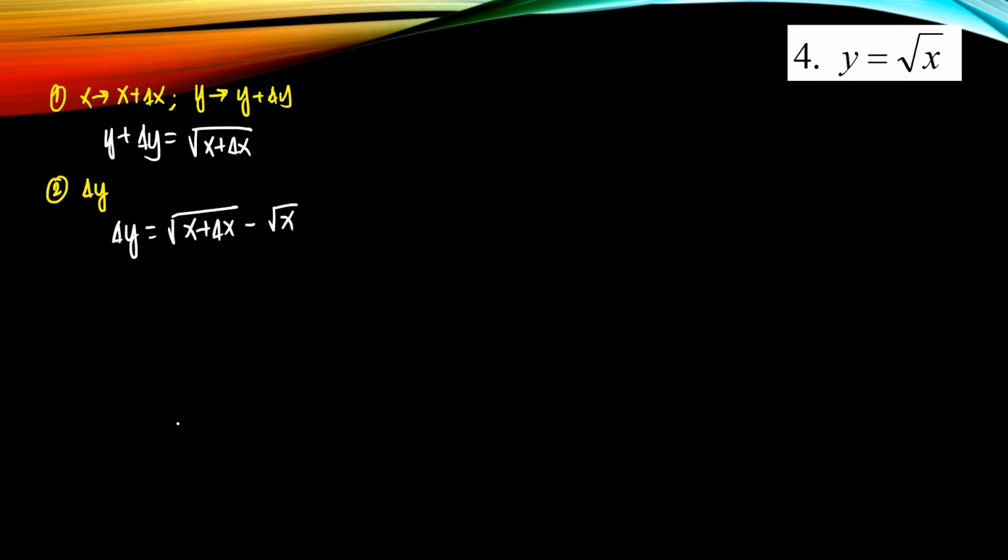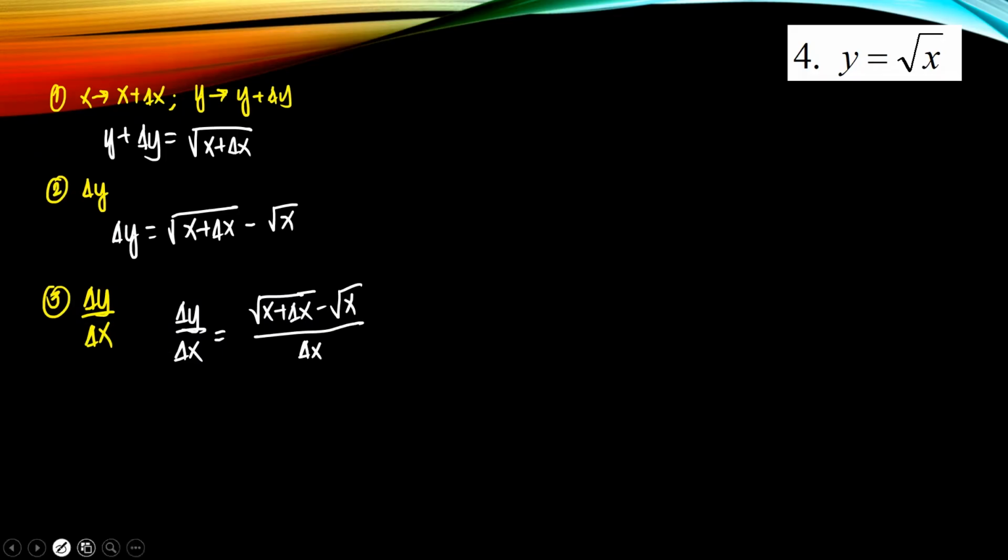Then, ang problem natin, guys, is number 3, divide everything by delta x, right? So when I divide that, square root of x plus delta x minus square root of x all over delta x. So some of you might say, okay, tapos na natin nagawa. Number 4.